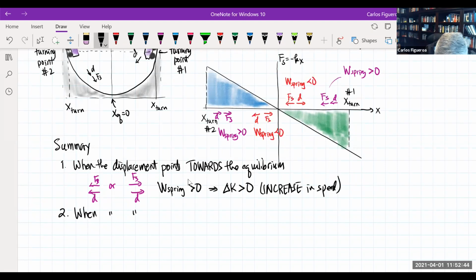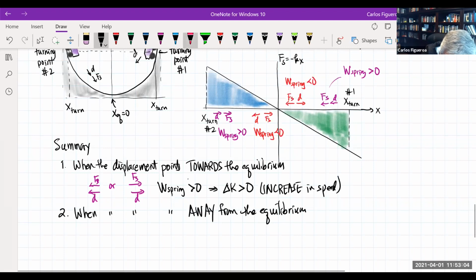And then it's the opposite now. When the displacement points away from the equilibrium, then I have the opposite case. So when I look at the red cases here, what this tells me is that in one case I have the spring, I'm going away, or you could see that it could be the opposite.